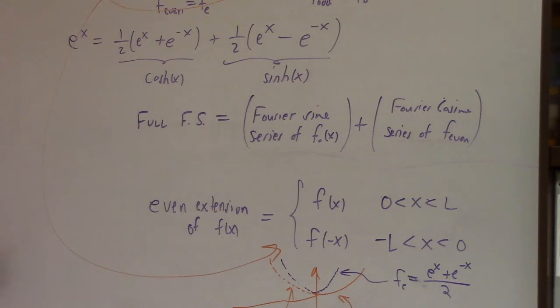So here he says it's worthwhile to summarize the conditions under which a Fourier series is continuous. For a piecewise smooth f of x, the Fourier series of f of x is continuous from minus L to L if and only if f is continuous and f of minus L is equal to f of L. If you think about how the Fourier series behaves at jump discontinuities, this makes sense.